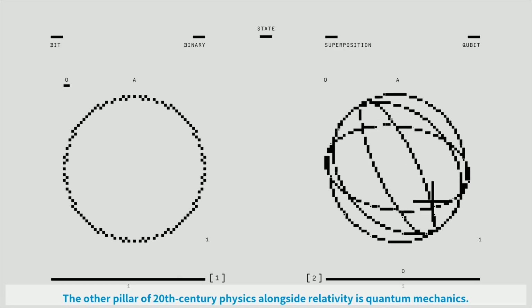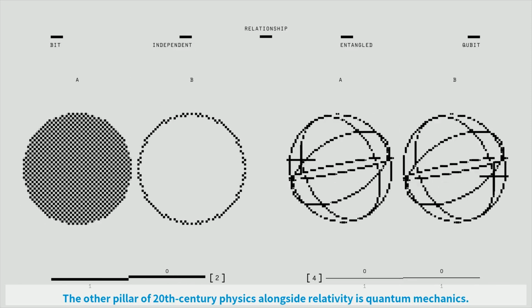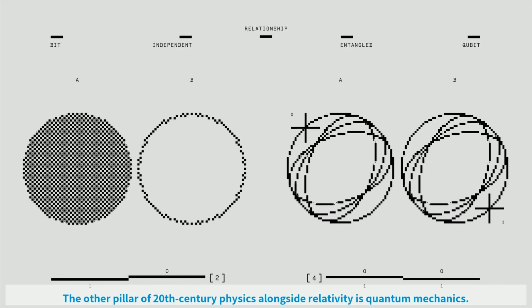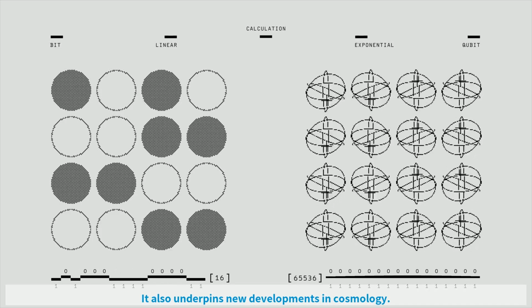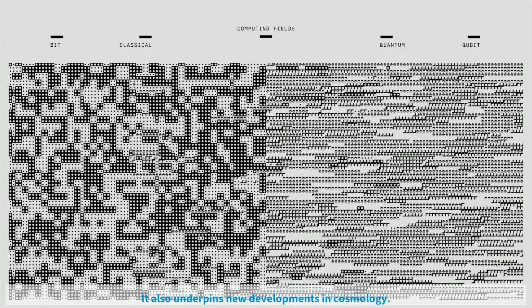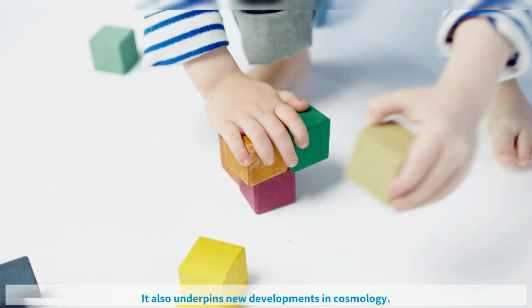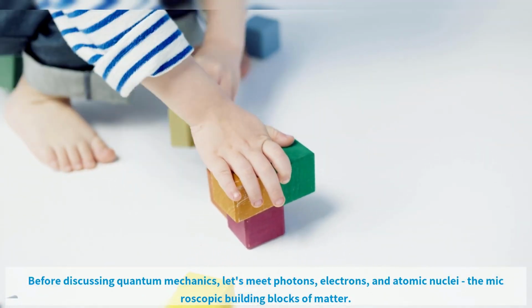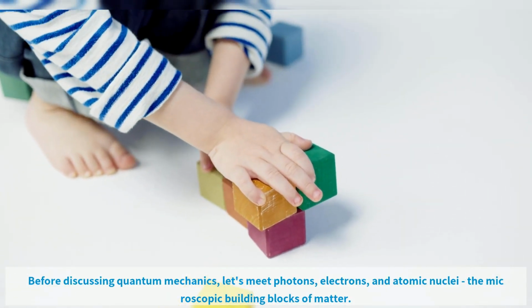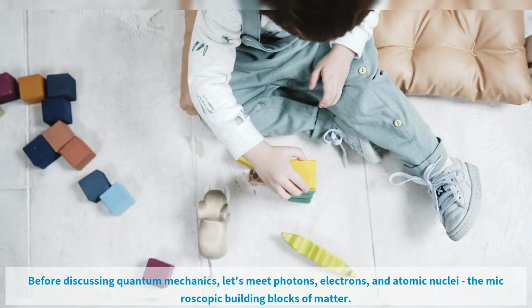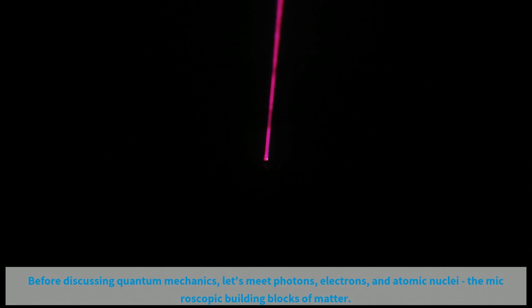The other pillar of 20th century physics, alongside relativity, is quantum mechanics. It also underpins new developments in cosmology. Before discussing quantum mechanics, let's meet photons, electrons, and atomic nuclei, the microscopic building blocks of matter.